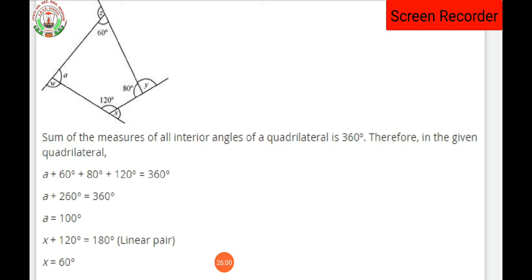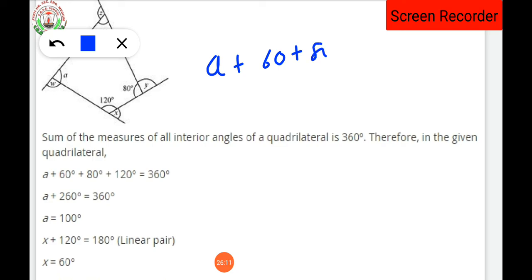Now to find the value of a, what we can do, as this is a quadrilateral and as we know that all four interior angles of a quadrilateral sum to 360 degrees. So a plus 80 plus 60 plus 120 is equal to 360 degrees.